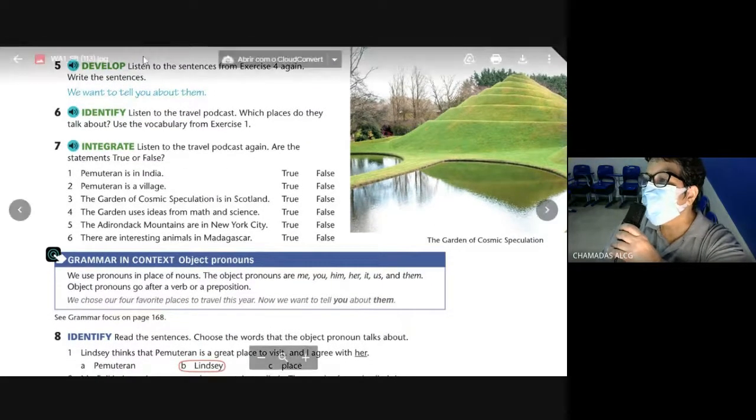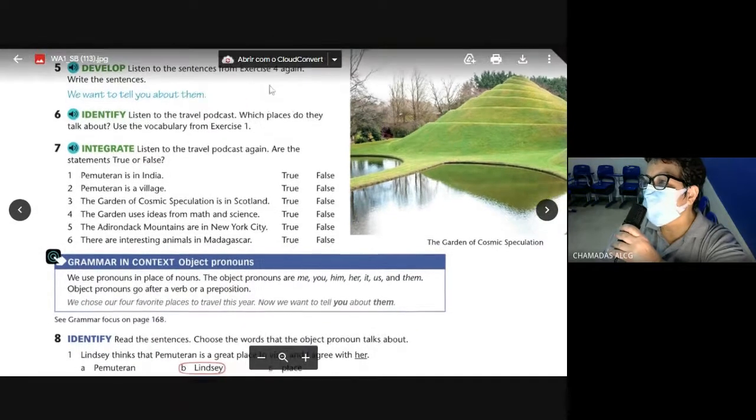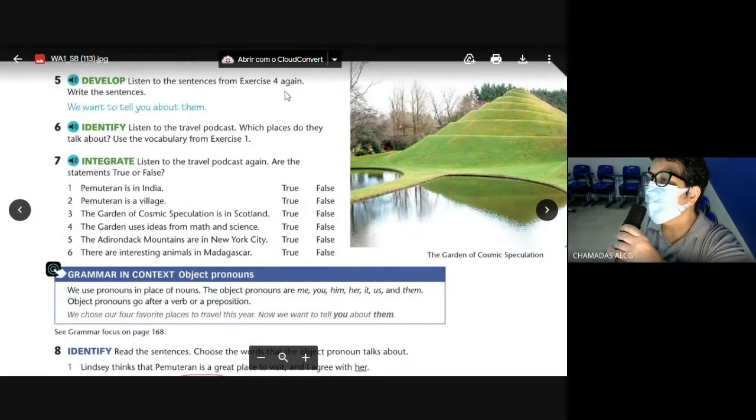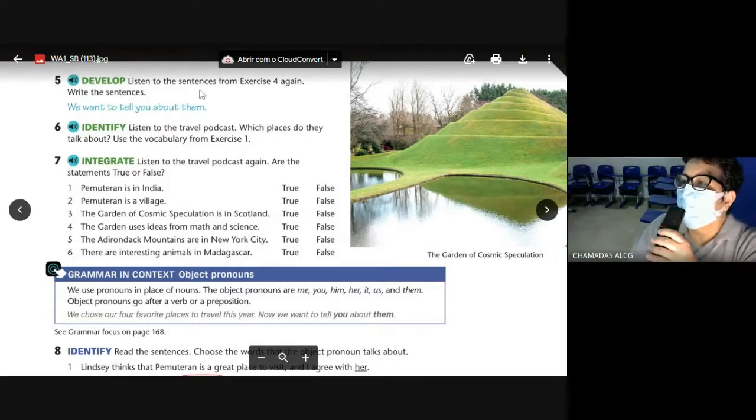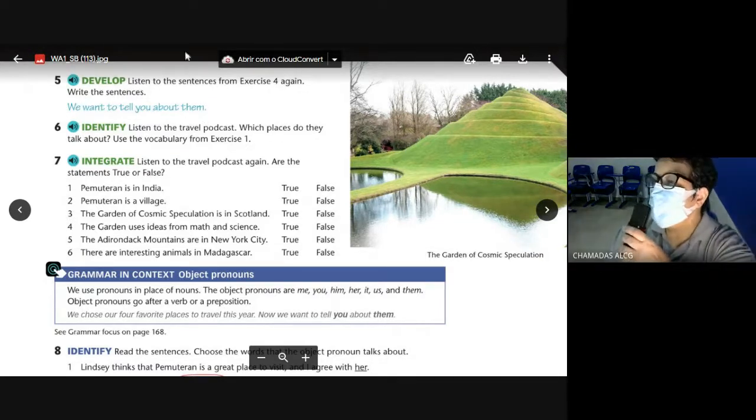It says, listen to the sentences from exercise number 4 again and write the sentences. So exercise number 4 is from the previous page. And we should take a look at the sentences, they say. The first one is here. We want to tell you about them. So I will play the audio for you and we will listen. So let's do it.